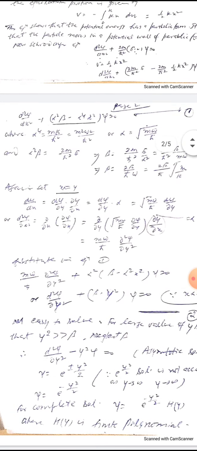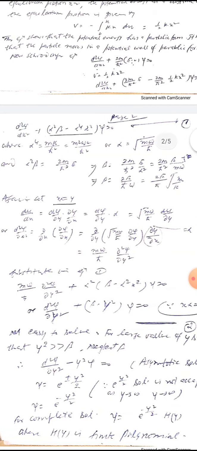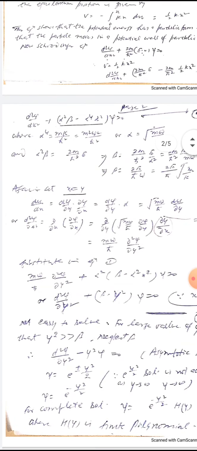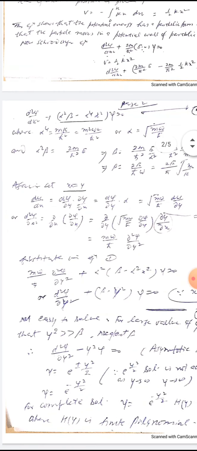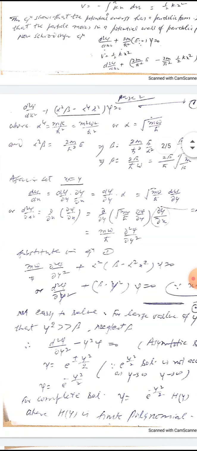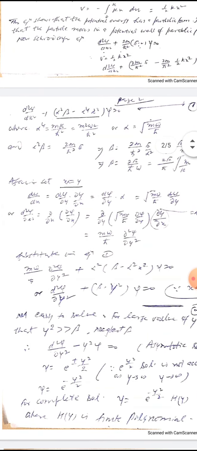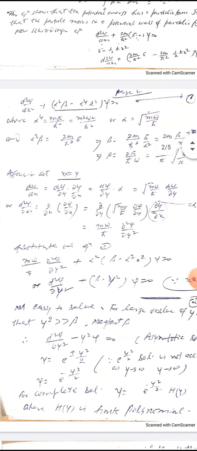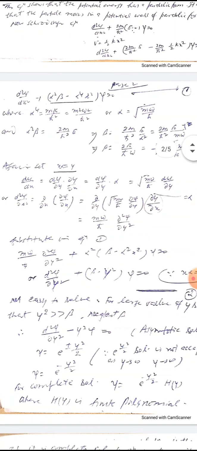For the solution of this equation, we are introducing some constants alpha and beta, and this equation is written in this pattern: d2 psi by dx square plus (alpha square beta minus alpha 4 x square) psi equals 0. Determining the value of alpha and beta, alpha 4 equals mk by h cross square.